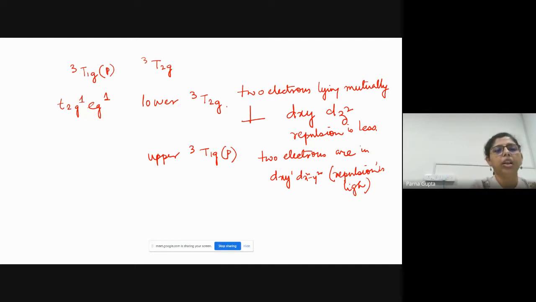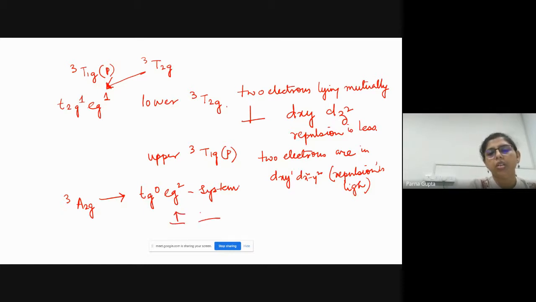And then 3A2g corresponds to the t2g0 eg2 system, and it is only one electron in dz2 and one in dx2-y2. So it is explained in that way.